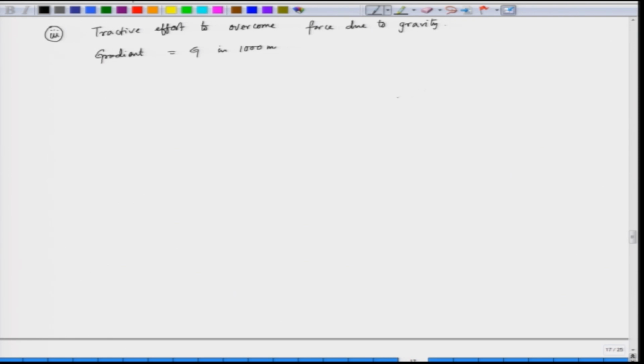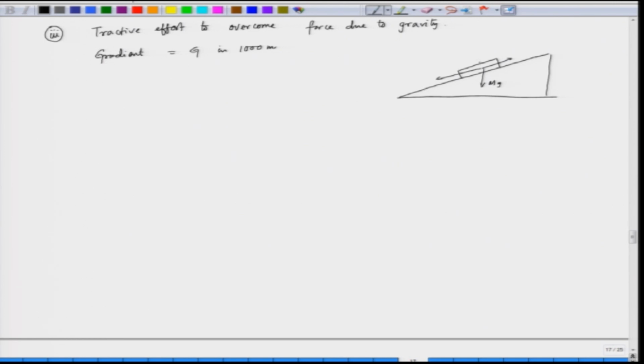So, let us say that we have a track which is an inclined track. This track is a little inclined and our locomotive is moving here. This has to move up or move down. So, if it is moving up, we have this mass, in this case mg. We have a component of the mass which is along this direction.